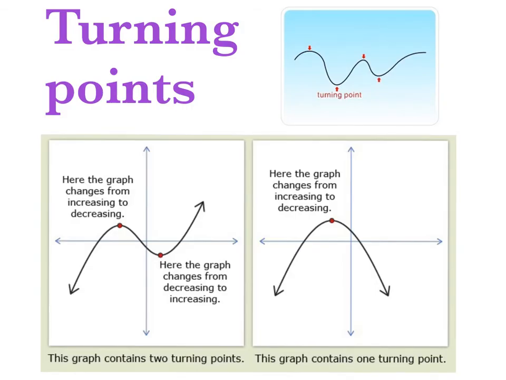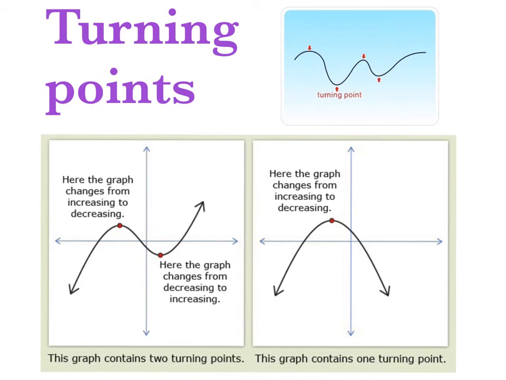Something we've seen before is the turning points of a graph. So that is where a graph goes from increasing to decreasing or decreasing to increasing. Now we've talked about that when we talked about extrema, so our absolute and local max and min points. So anytime a graph has a turning point, that's typically our local max or min points.